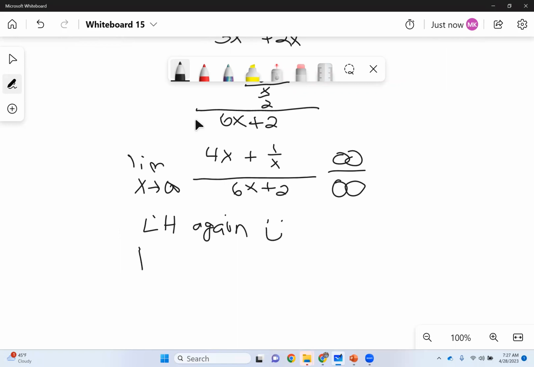Okay, so now we have the limit as x goes to infinity. The derivative of the numerator is going to be 4 plus negative x to the negative 2, because I thought of that as x to the negative 1, over 6.